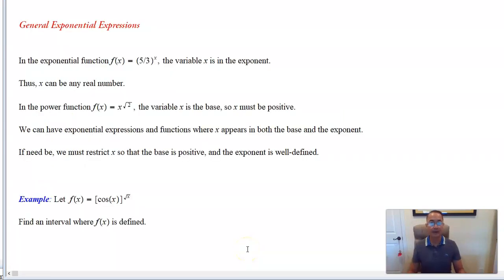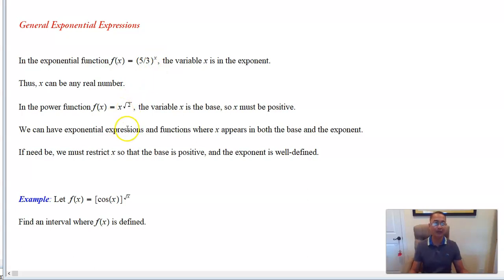All right, for our grand finale, we are going to go a little bit crazy, and we are going to put our variable both in the base as well as the exponent. Okay, so in 5/3 the x appears only in the exponent. In x to the square root of 2, x appears only in the base.